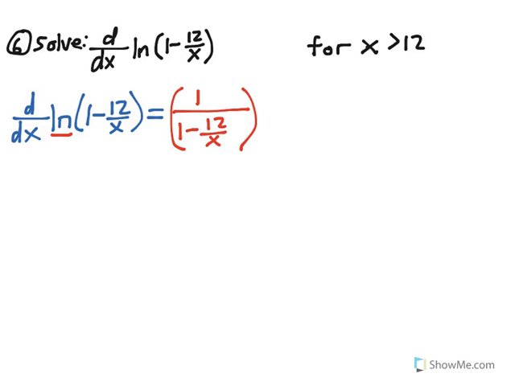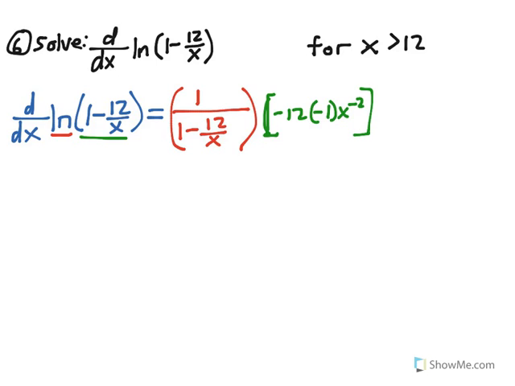The derivative of the inner function is going to be, let's underline this in green, the inner function, 1 minus 12 over x. That's going to be the same thing as negative 12. Actually, no, it's not going to be negative 12. Well, negative 12 times the quantity negative 1 times x to the negative second power.